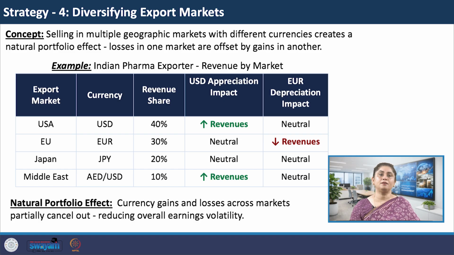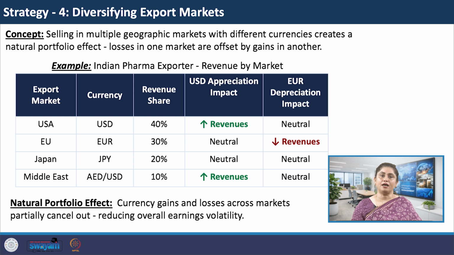Consider an Indian pharmaceutical company. Let us call it Indopharm Limited, that historically exported 90% of its revenues to the United States, with the remaining 10% to domestic Indian consumers.